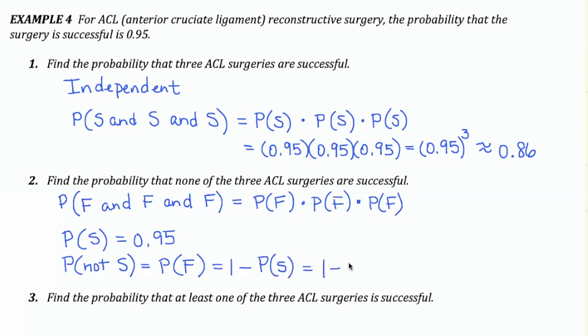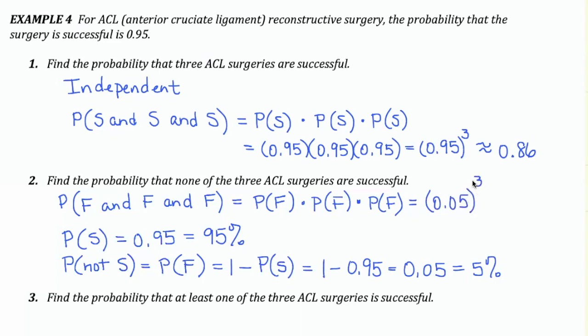So if you do 1 minus 0.95, you get 0.05. And that should make sense, because if your rate of success here is 95%, then the rate of failure is 5%. So to get our final answer here, we're going to take 0.05, multiply it times itself 3 times, and we get a very small number, 0.0001. So the chance that none of the surgeries would be successful is very small.